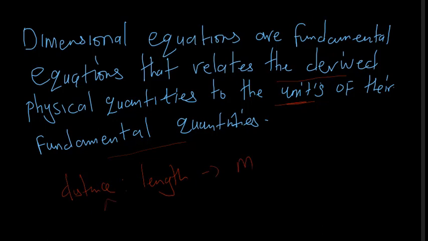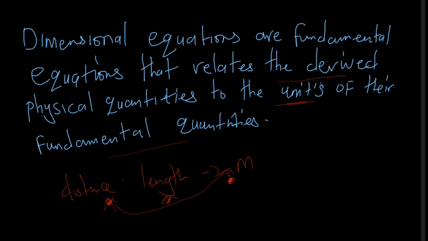Therefore, distance as a derived quantity will inherit the units of its fundamental quantity, which is length. So length is measured in meters. Therefore, because distance has the dimensions of length, distance is also measured in meters. So dimensional equations are fundamental equations that relate the derived physical quantity to the units of its fundamental quantities, which in this case is just length, and so on and so forth.